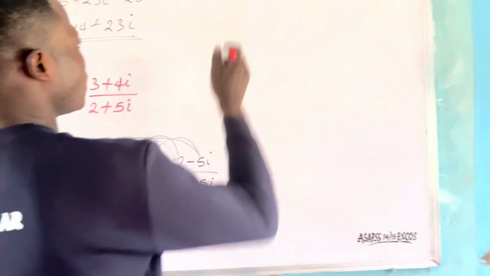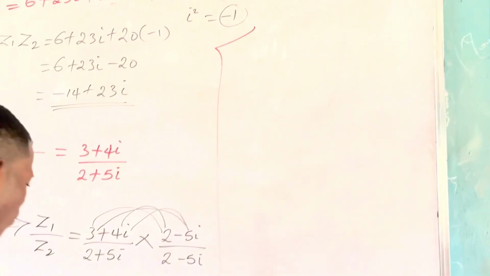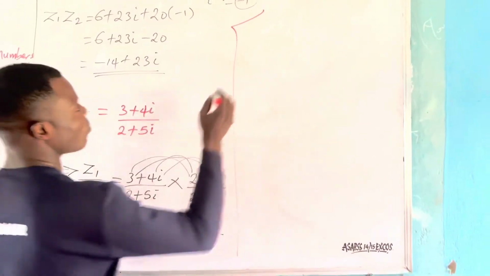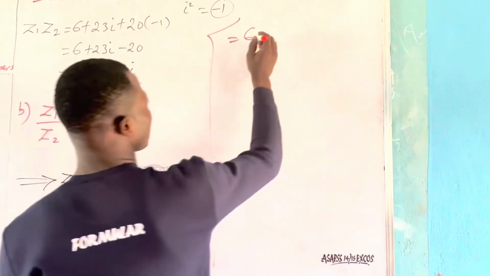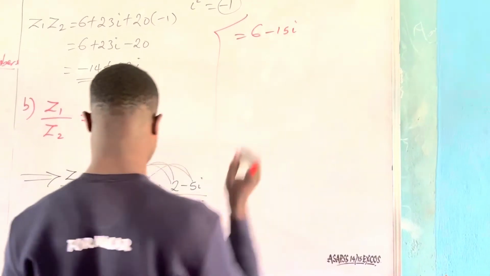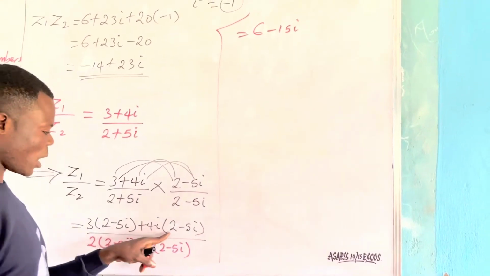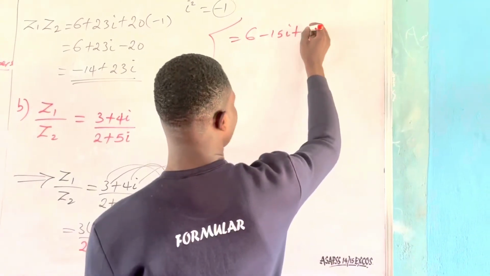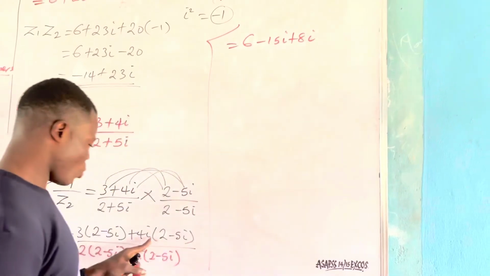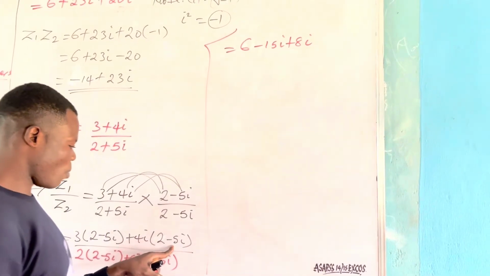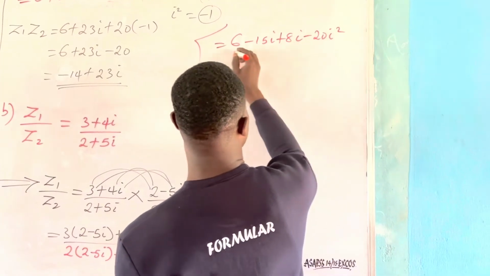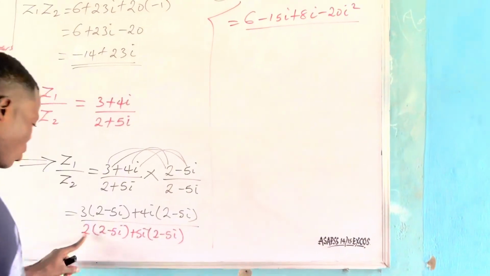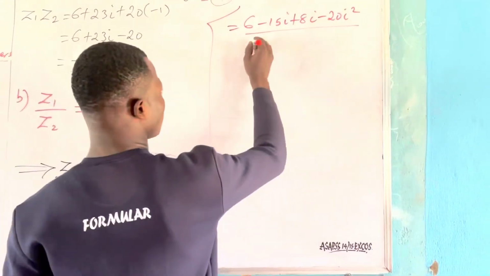If we expand this, 3 times 2 will give us 6, minus 15i. This time this will give us a plus 8i. When you multiply this and this, it will give us a minus 20i squared, all over, when you multiply this and this, will give us 4.